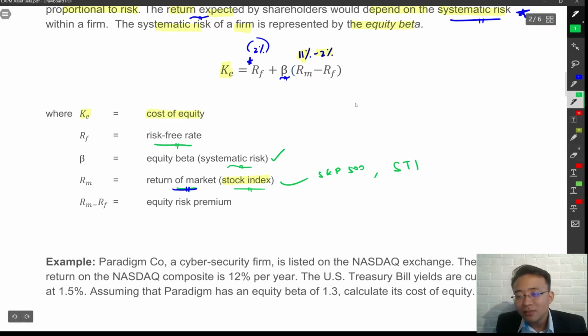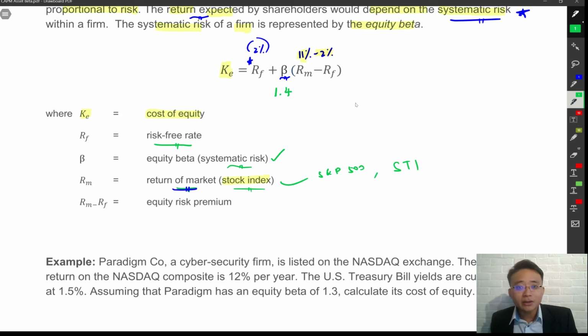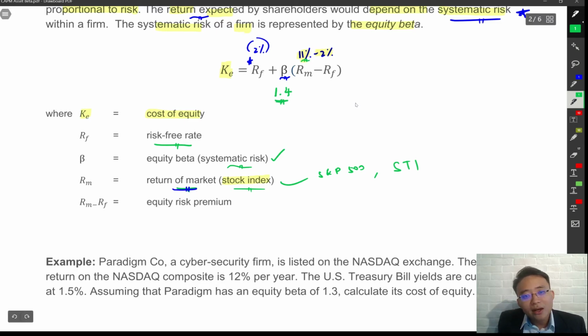And the company may tell you, alright, I'll be honest, I am riskier than the market. The area that I'm in, I'm riskier, and therefore my beta is 1.4. Since the company is riskier than the market, whatever the market returns, you would then add a multiple there to make the return even bigger. Why?